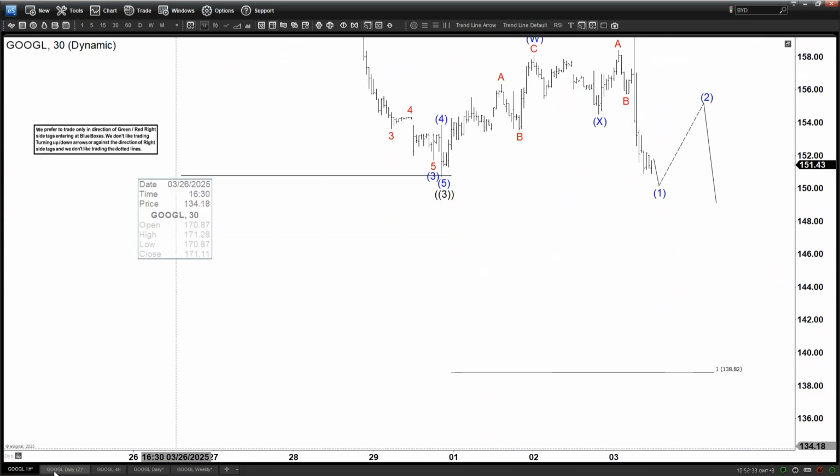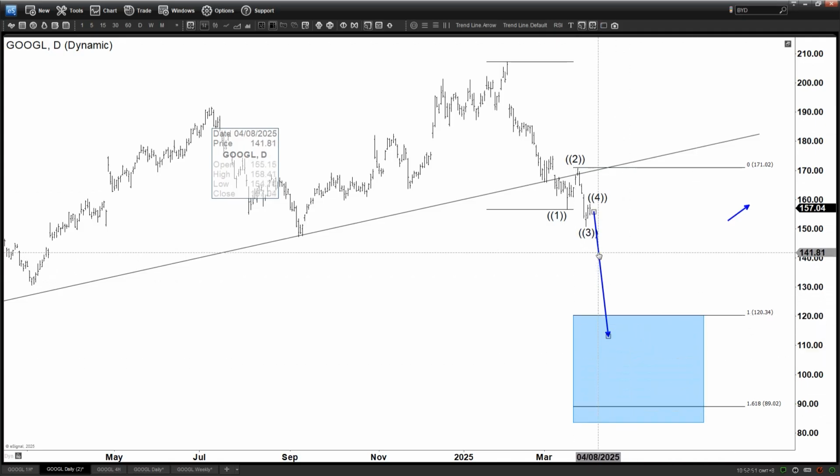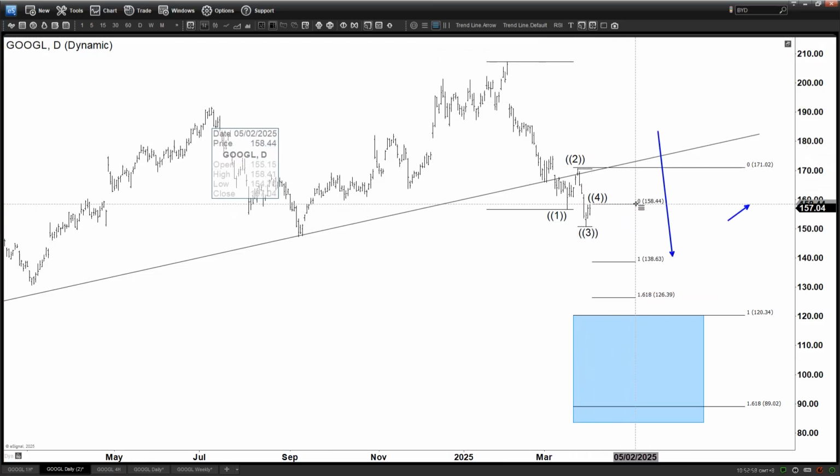If we go below 138, then it will be an AB with a very shallow B, ABC, and go down straight to 120. But if we are really going to be doing 1 2 3 4 5 with a short 3, then because the 3 is currently shorter than the 1, we have to end this move down above 138.